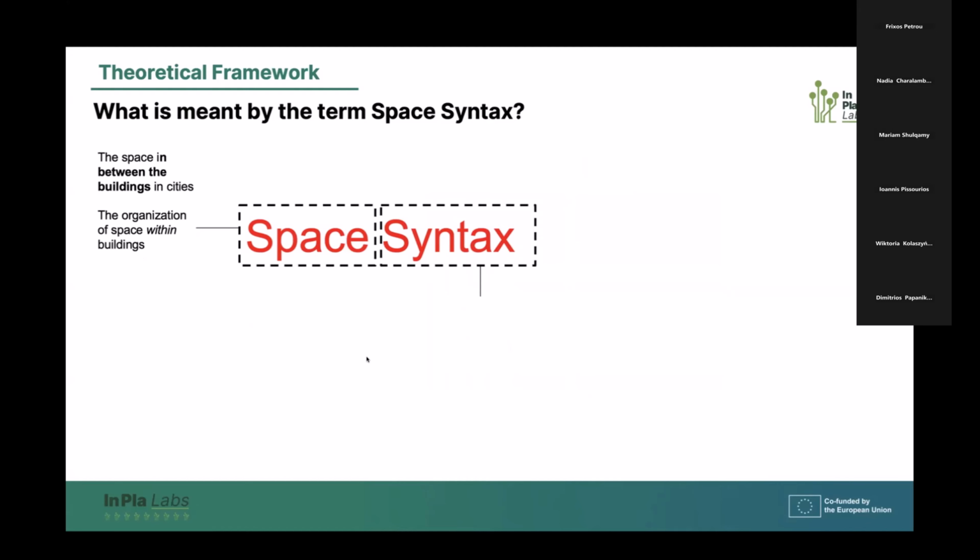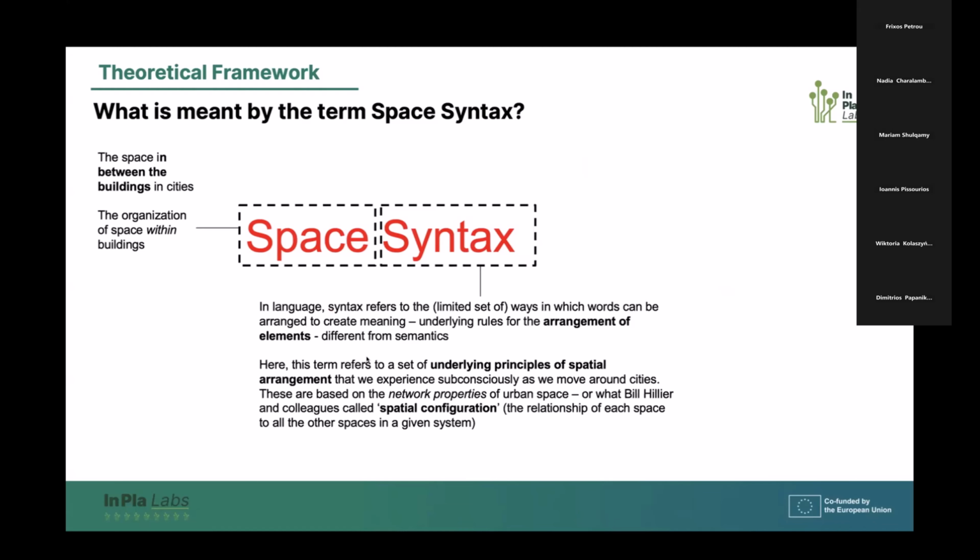And at another scale, when we understand the word syntax in language, the word syntax refers to the limited set of ways in which words can be arranged to create meanings, the underlying rules for the arrangement of elements. So, as you understand, the term space syntax here refers to the limited ways that space can be brought together to produce livable cities, livable buildings, and spaces for social interaction.